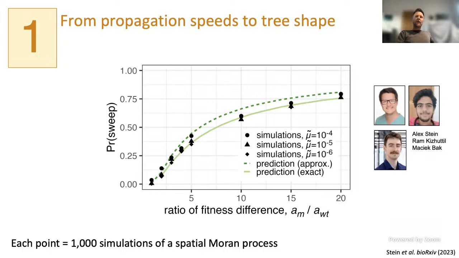And then what Marcek back here did was to run a huge number of simulations of this system using a spatial Moran process, many thousands of simulations on a cluster computer. And what he verified is that our predictions are very close to the results of these simulations.